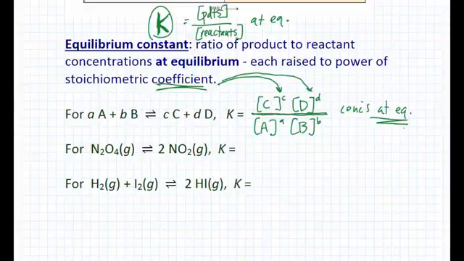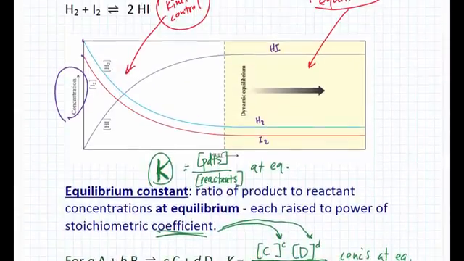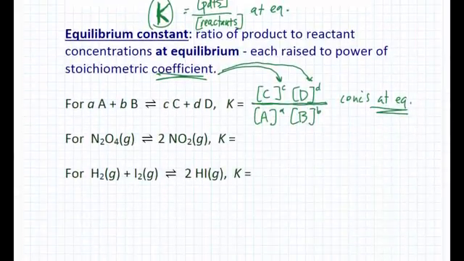But these are concentrations at equilibrium. That's important, because those concentrations could be anything during the kinetic portion of the reaction; they were all over the place. Only once they've become constant at equilibrium does the equilibrium constant apply.